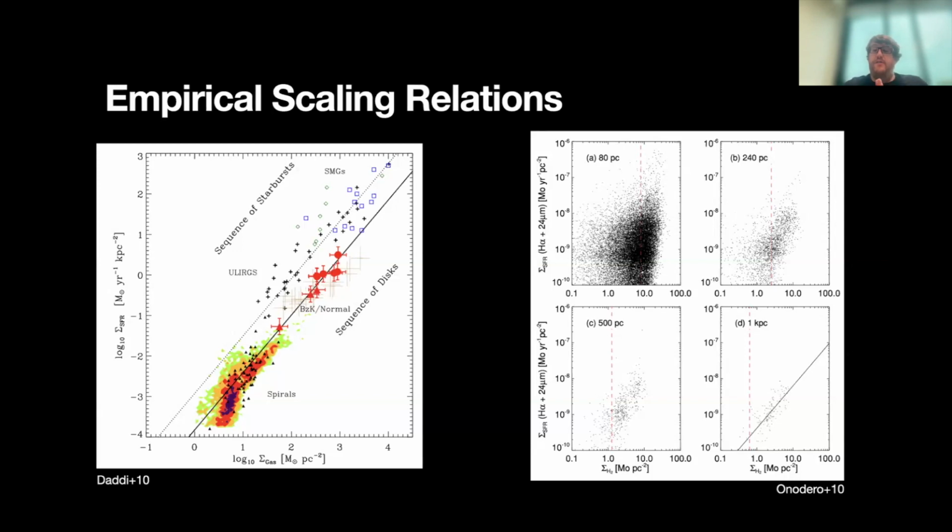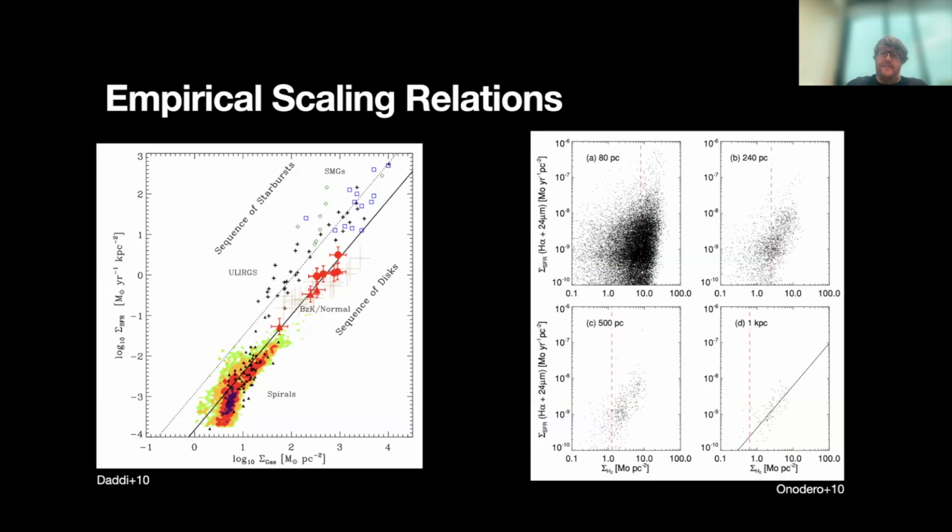And then if we go to the lowest astronomical scales, we take a galaxy and we change the pixel size, change the resolution of what we're looking at. If we look at kiloparsec scales, we get a nice correlation.